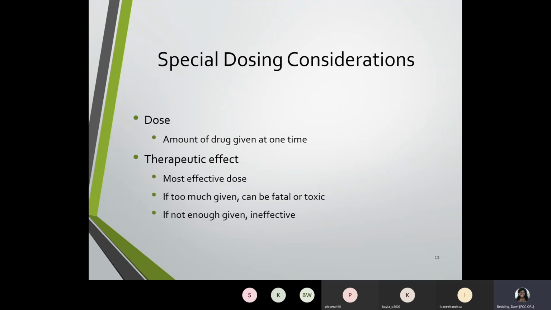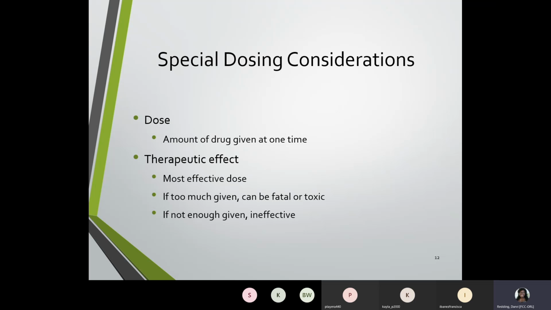So if someone is supposed to be given 10 milliliters of a drug at one time, that is the dose. Or if they're on an IV and they're supposed to receive 100 milliliters each hour, that could be known as also a dose.